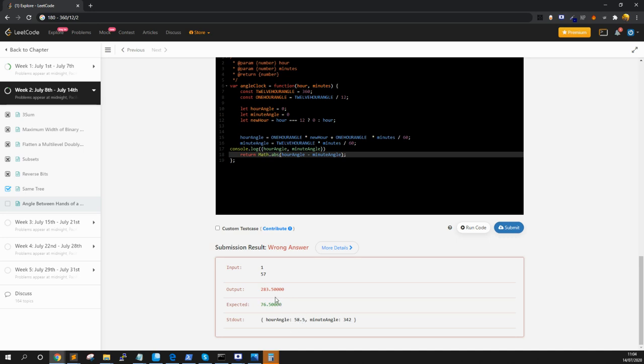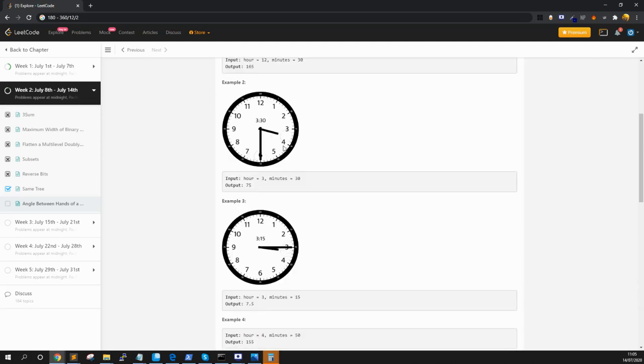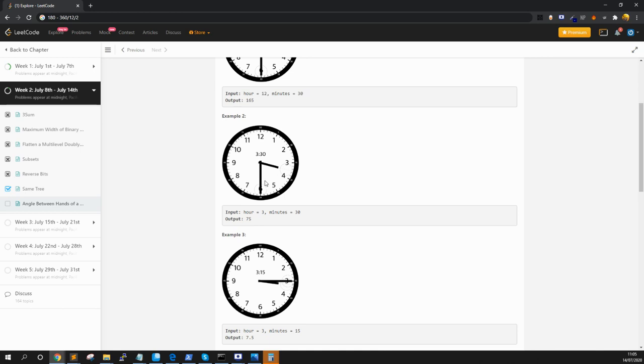Okay, what I'm calculating is 200. So I believe it is correct. But they want the smaller one. If I explain it here, there would be a smaller and a bigger difference.